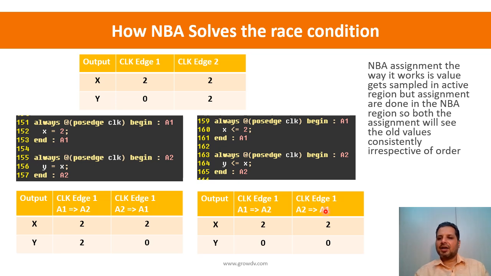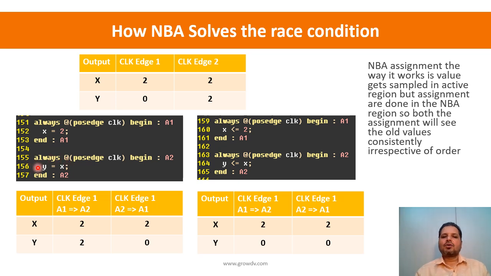Since we just sample it and do not do the assignment, the value is guaranteed to be deterministic irrespective of the order of execution. Whereas in the blocking case, the value depends on the order, because both the assignments are taking place in the active region itself. If x equal to 2 gets executed and then y equal to x gets executed, the y equal to x will see the latest value.